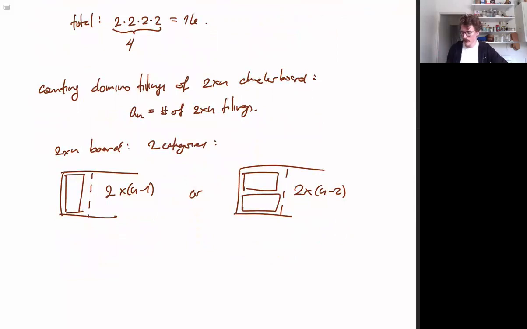And so we implicitly used the sum rule when we said that a_n, which is the number of 2 by n tilings, is equal to the number in this category, which is the number of 2 by n minus 1 tilings, a_(n-1), plus the number in this category, which is the number of 2 by n minus 2 tilings, a_(n-2).